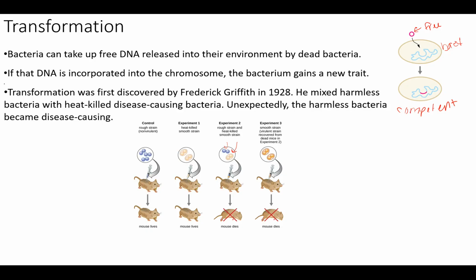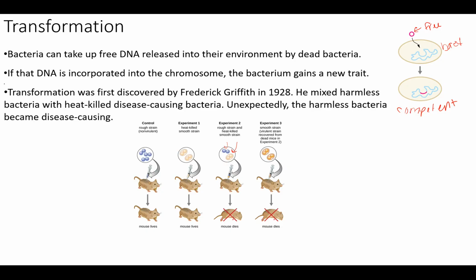So Griffith said, all right, I guess something from the dead S cells had gotten into those safe living R cells and made them virulent. At the time he referred to this mystery substance as the transforming principle. In 1928, he did not know that DNA was what was happening.